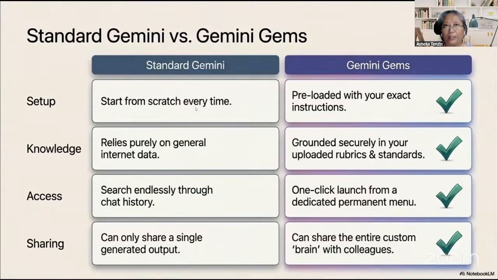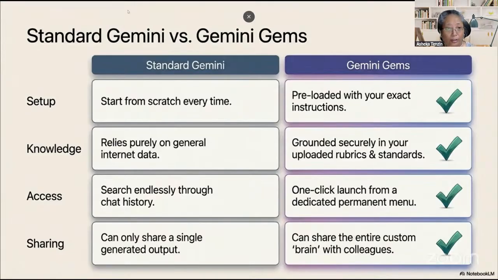If you have to create a science worksheet again and again, you can just upload the exact instruction on it. You can also add your rubric and the standards that you want to match or the objectives that you want to achieve. You can upload it on the gems, and with one click it will give you a permanent menu. Then you can share this Google Gem with other colleagues also.